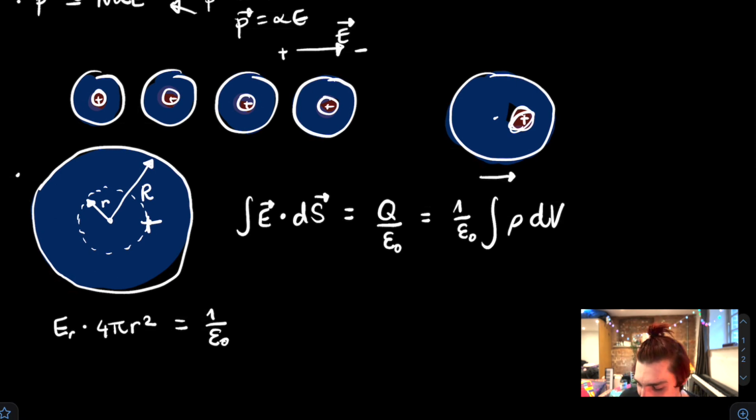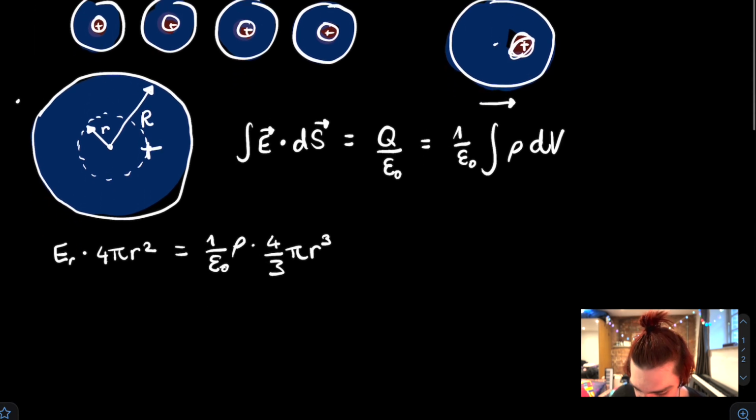And so we're just going to take this rho out the front of the integral and simply multiply it by the volume of this sphere, 4/3 pi r cubed. And remember, this is the small sphere because we're only talking about the charge that's enclosed within the sphere.